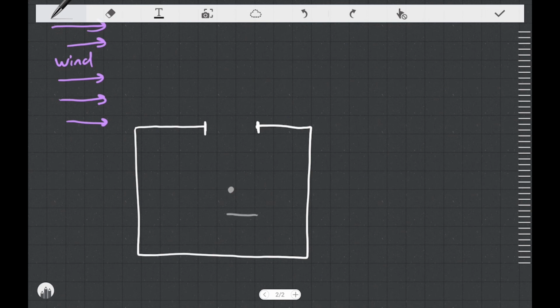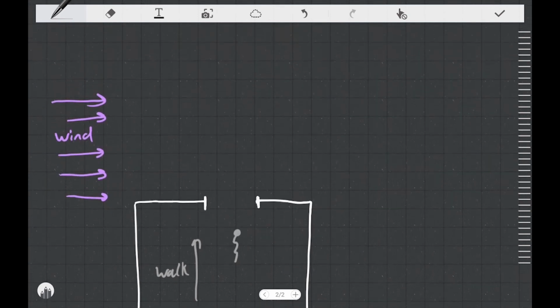So if the person is going to walk to the left, what we would expect to see is that the string is going to stream back towards the right. Okay, similarly, if the person is going to walk up towards the door, we would expect that the string is going to stream down towards the bottom of the page.